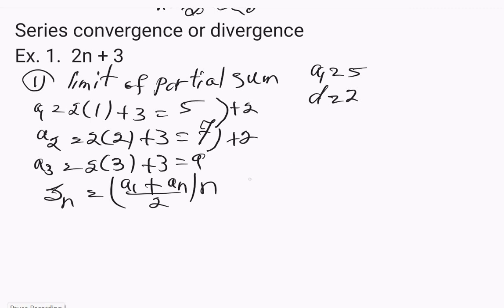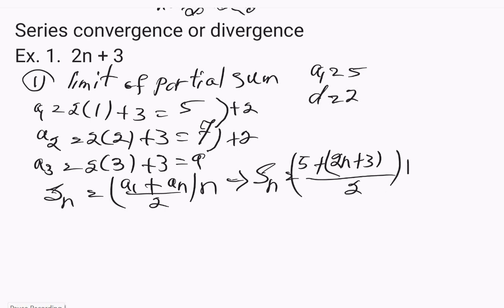The first term is 5, plus a sub n, which is generally 2n plus 3, divided by 2, times n.